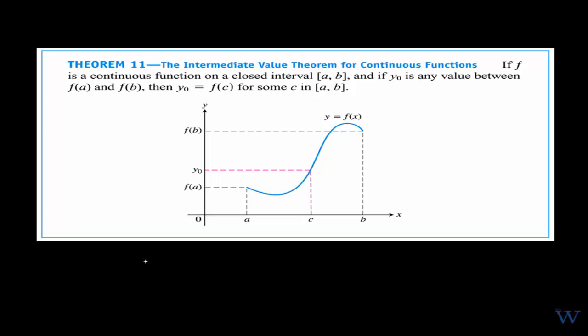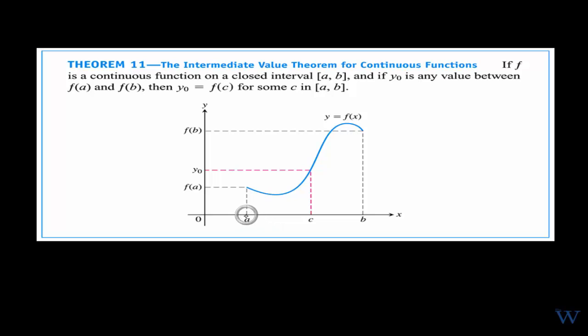And finally, the intermediate value theorem for continuous functions. Okay, it's better if we just look at the picture. It says here that if you have a continuous function on a closed interval, remember it has to be on a closed interval, and if y sub 0 is any value in between the endpoint values, okay, then we know that there must be a c on the domain that will match up y sub 0.